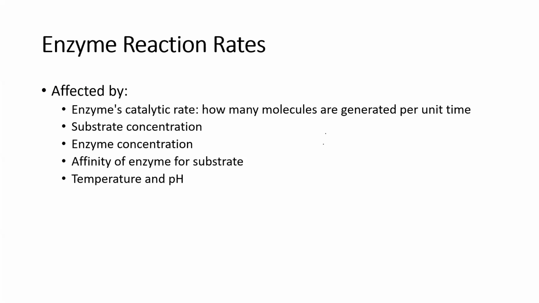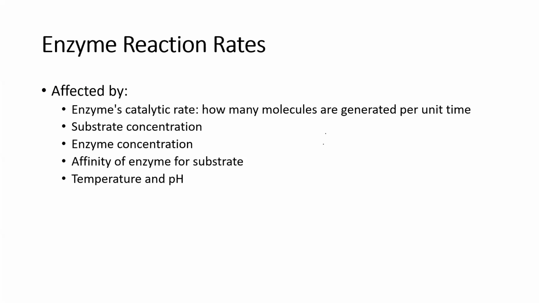So we kind of talked about this. At a specific temperature, we can denature our enzymes. Remember, enzymes are simply proteins at the core. And so if they're exposed to higher temperatures, they can become denatured. If they're exposed to acidic pHs, they can become denatured as well. And so that can influence the rate. But also just generally, in a slightly warmer temperature, the reaction will go faster as well.